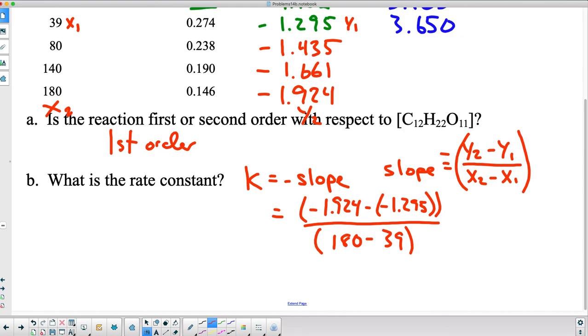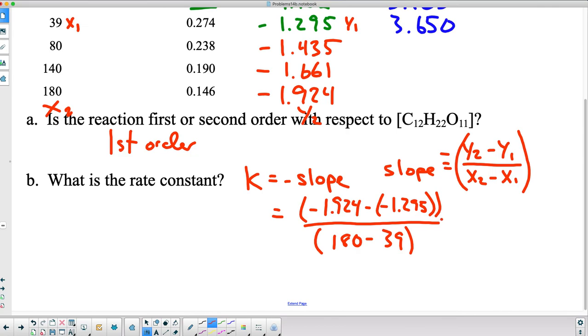All right, I'm just going to do it one more time. 1.924 minus 1.295 equals that, divided by 141 as my time.